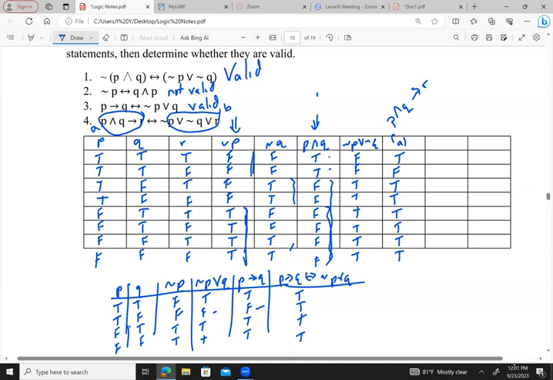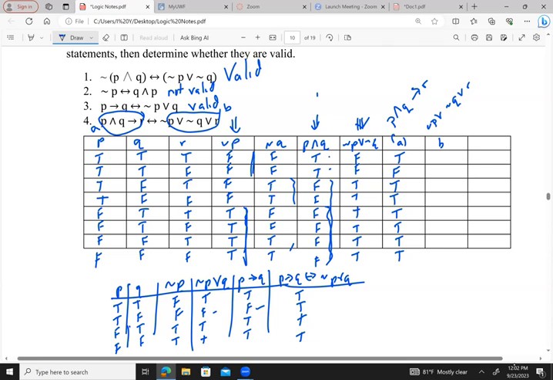So that's for that. Let's look at part B here, which is P or not Q or R. So not Q. When we do this from left to right, actually that's not P. Not P or not Q. That's right here. This one here. And then I'm looking at R. And this again.